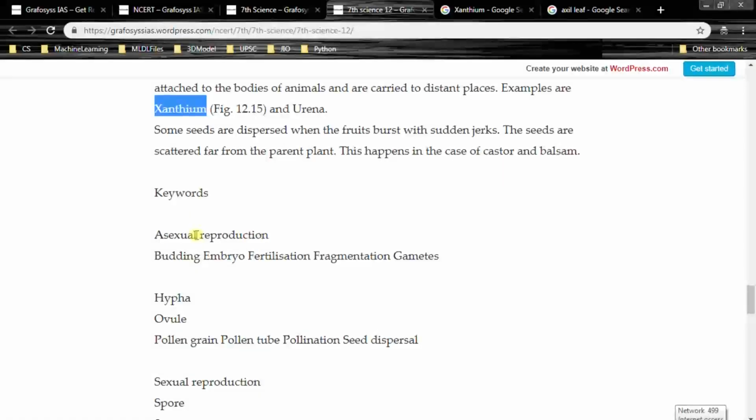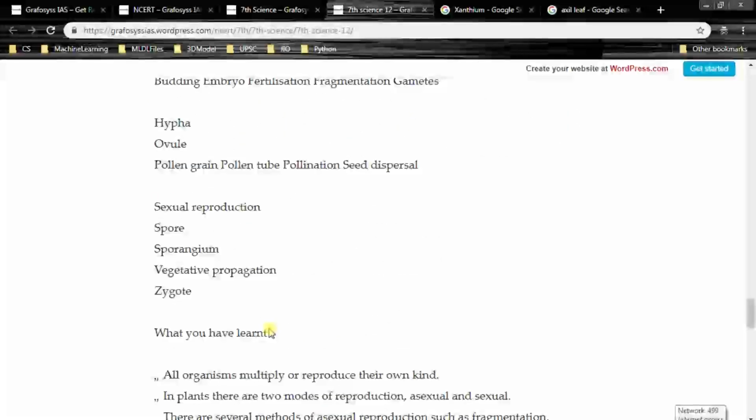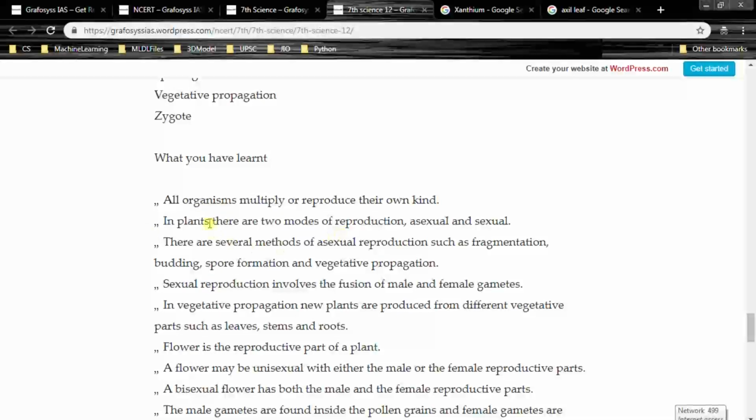The key words which we read in this chapter are asexual reproduction, budding, embryo, fertilization, fragmentation, gametes, hypha, ovule, pollen grain, pollen tube, pollination, seed dispersal, sexual reproduction, spore, sporangium, vegetative propagation, zygote. What you have learned. All organisms multiply or reproduce their own kind. In plants there are two modes of reproduction, asexual and sexual.